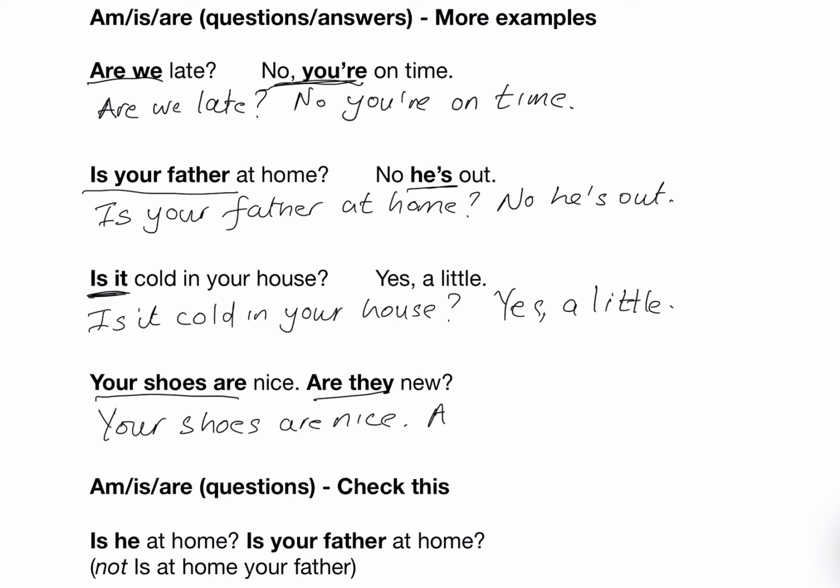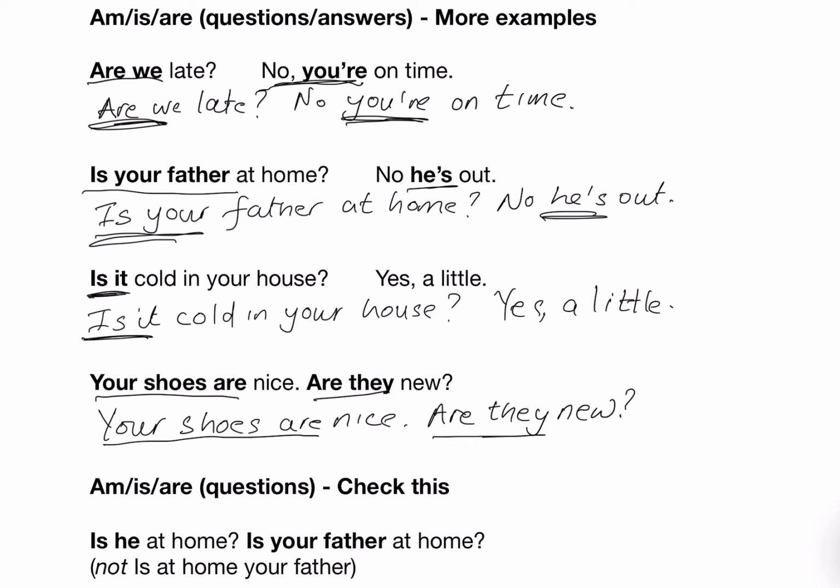Are we late? No, you're on time. Is your father at home? No, he's out. Is it cold in your house? Yes, a little. Your shoes are nice. Are they new? So what we see here is the question form, are we, and the non-question form, you are.